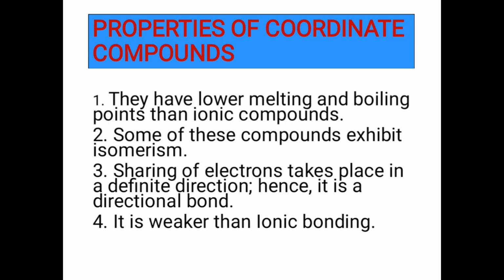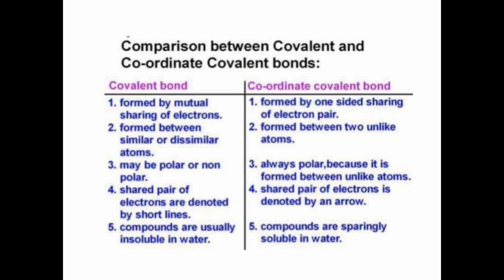Hence, it is a directional bond because we are using an arrow to point from the donor to the acceptor. So it gives us a direct clue that this electron is coming from this atom to that atom. So it's a directional bond. It is also weaker than ionic bonding.